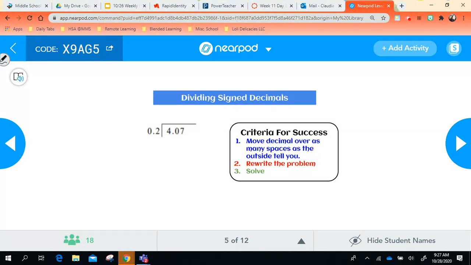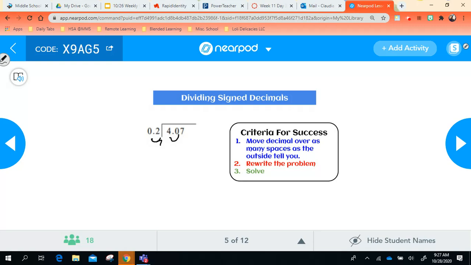But because my number on the outside is a decimal, I want to move it over to make it easier for us to divide. So here, I want to make this a whole number, so I'm going to move it to the right one time. If I move it one time on the outside, that means I'm going to move it over on the inside one time. So I'm not getting rid of it completely on the inside. I only move it over once.